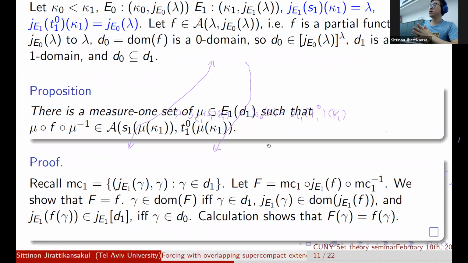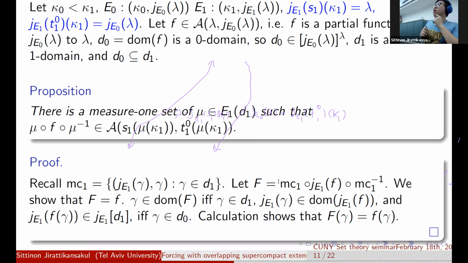Gamma is in the domain of big F only if gamma is in the domain of MC1 inverse, which is the range of MC1, and the range of MC1 is D1. So the first mark is that gamma has to be in D1.